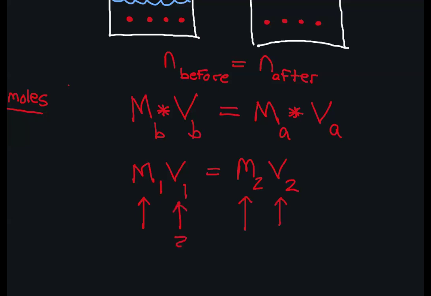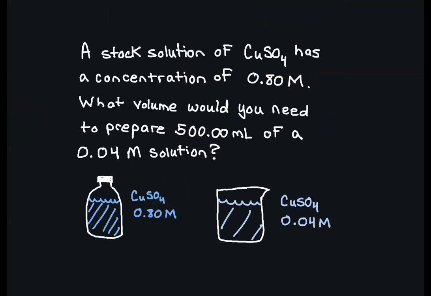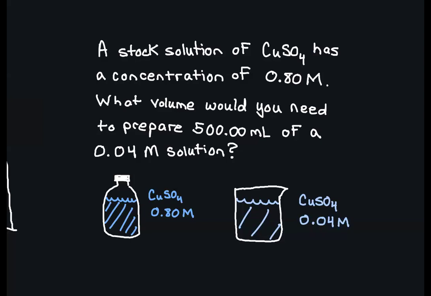So that leads us to our last question here. Let's say we have a stock solution of copper sulfate, CuSO4. It has a concentration of 0.80 moles per liter. What volume would you need to prepare 500 milliliters of a 0.04 moles per liter solution?